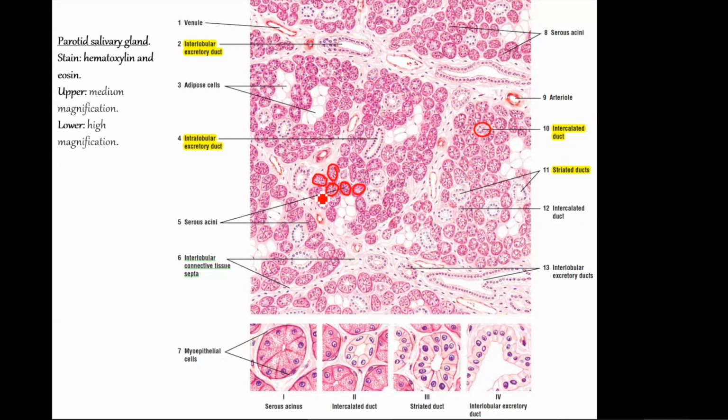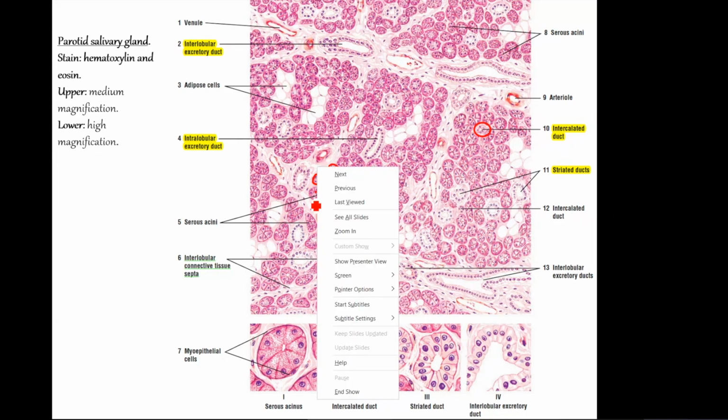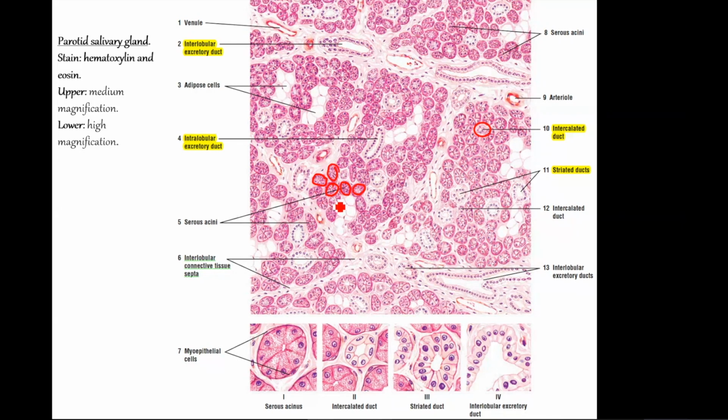Look at the lumen. The lumen is very small, right? The lumen of these cells is very small. Look at them here. They are pyramidal, each cell is pyramidal in shape. Look at the nucleus, a centrally rounded nucleus. Centrally rounded nucleus.